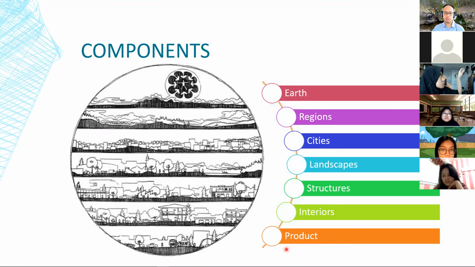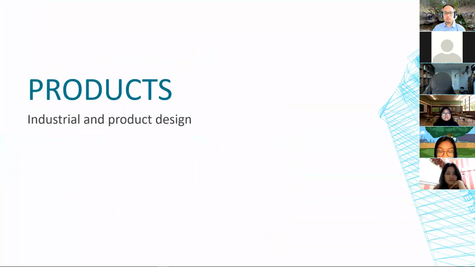I showed you this diagram last week. I'm sure you remember. I'll keep showing this diagram in the following weeks. So let's just get on with it. Products, or to be specific, industrial and product design.